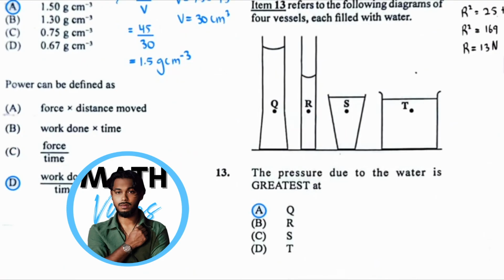Question 13. The pressure due to the water is the greatest at Q. The reason for that is because, remember, pressure as a result of a liquid is equal to height by density by gravity. I would advise you to check the 2024 June paper 1 solution, where I gave an example and I did a worked example.